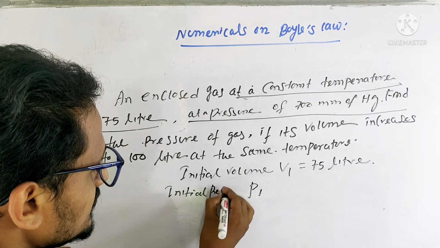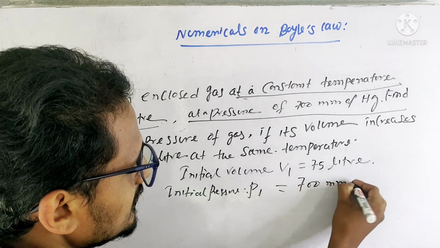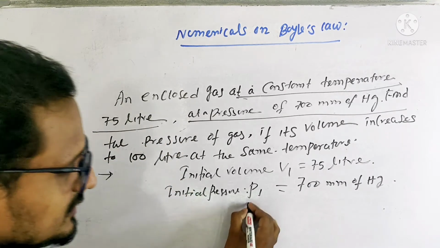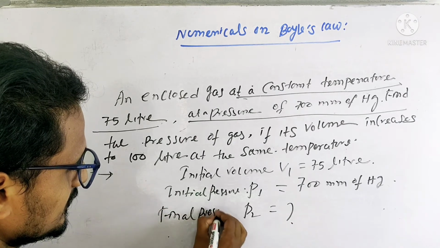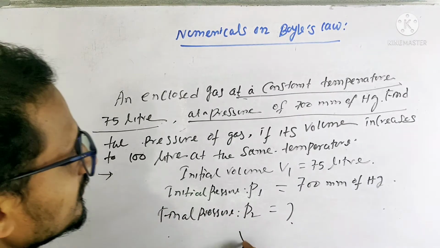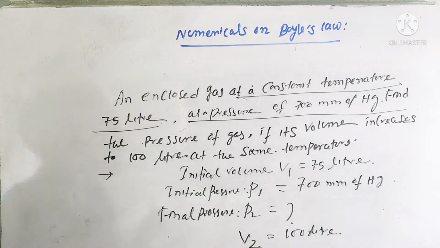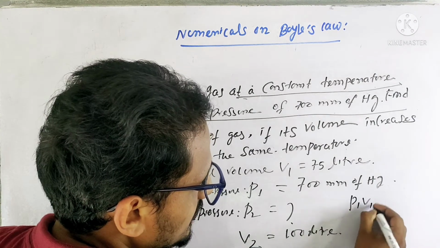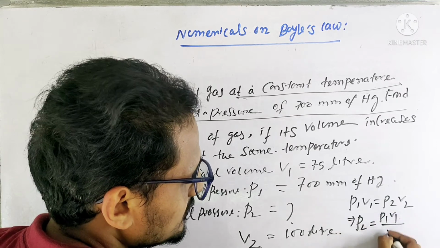I think you can do this on your own. So P1 equals 700 millimeter of mercury. Find the pressure of the gas, so P2, the final pressure, you have to calculate. V2 is given, it is 100 liter. We know that P1 V1 equals P2 V2, so P2 equals P1 V1 by V2.